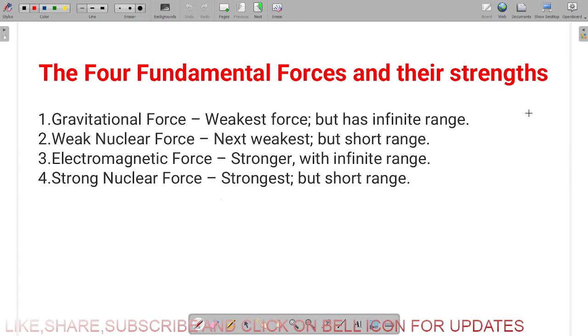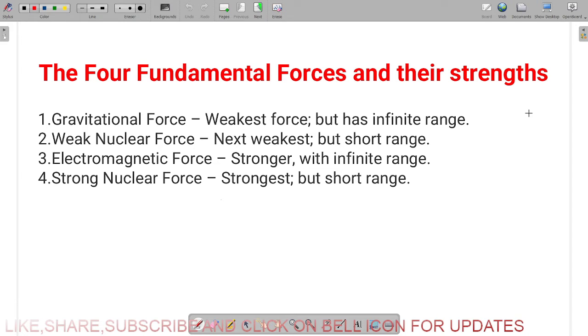Basically, let us try to understand the meaning of force. What is a force? How do you relate that force with an object? Force is a push or pull action that can be done on any object. That means we can push or pull any object if we apply force on it.